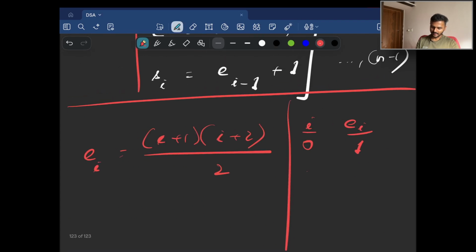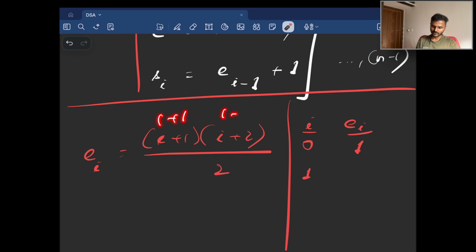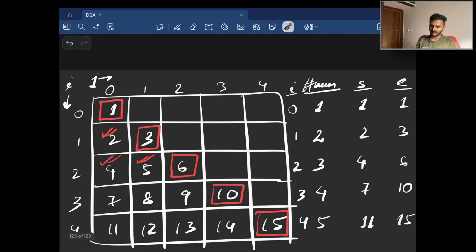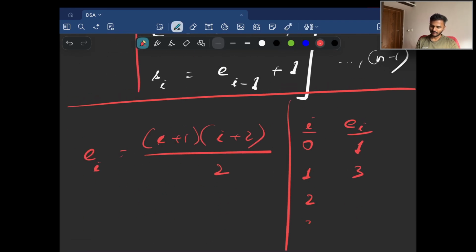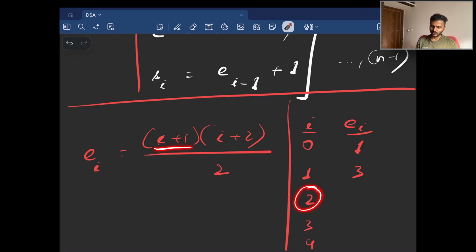Now, if I put I as 1, what will we get? This will be 1 plus 1, which is 2. This will be 1 plus 2, which is 3. So 3 multiplied by 2 is 6. 6 by 2 is 3. So end value is 3. And that is what we have over here. So let us quickly do this for 2, 3, and 4 also. So if I substitute I as 2, this will be 3, this will be 4. 3 into 4 is 12, by 2 is 6.